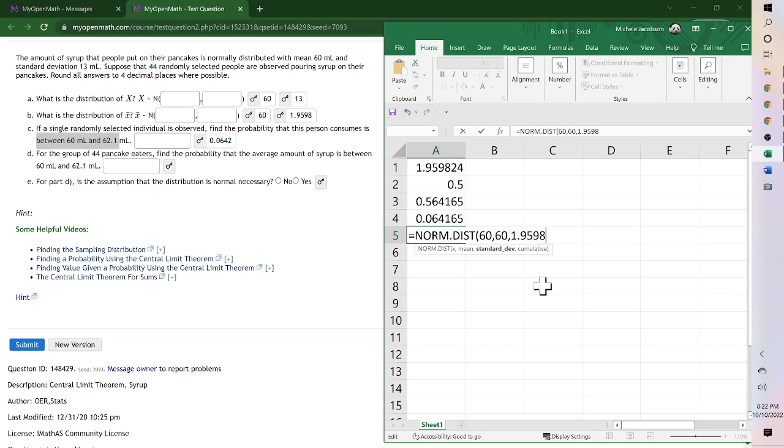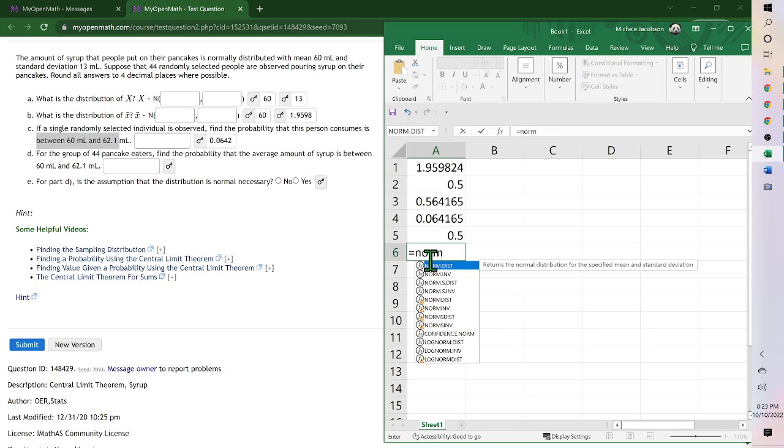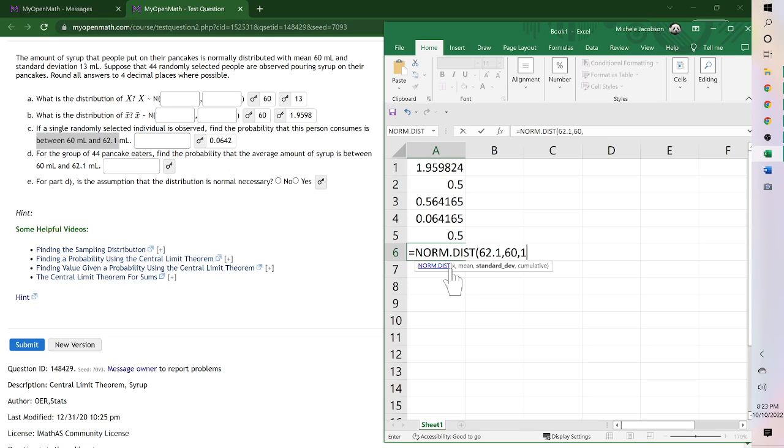Forgot the 1, comma 1 and hit enter, and then equals norm 62.1 comma 60 comma 1.9598 comma 1, and then subtract them.